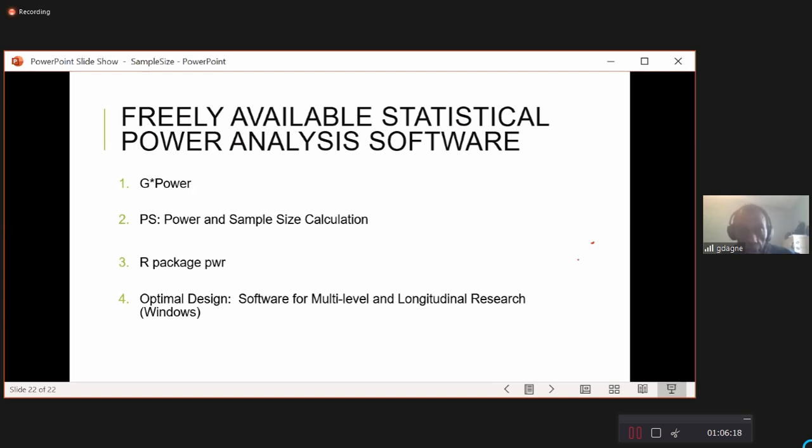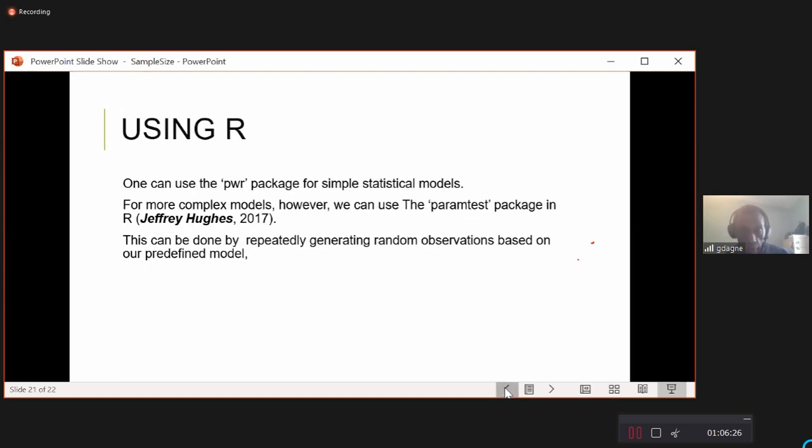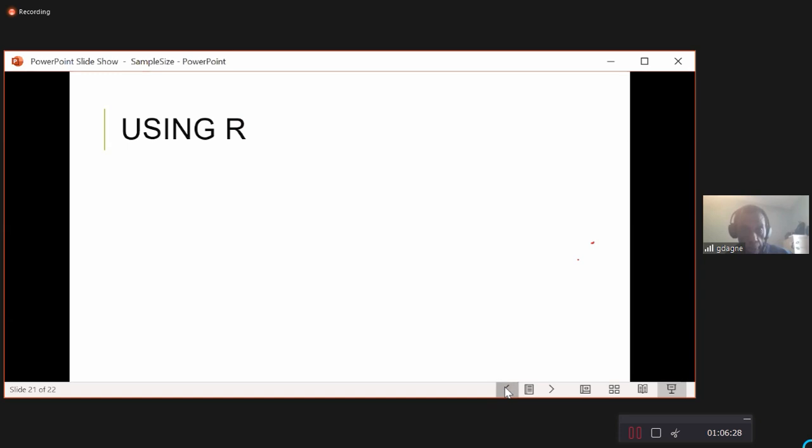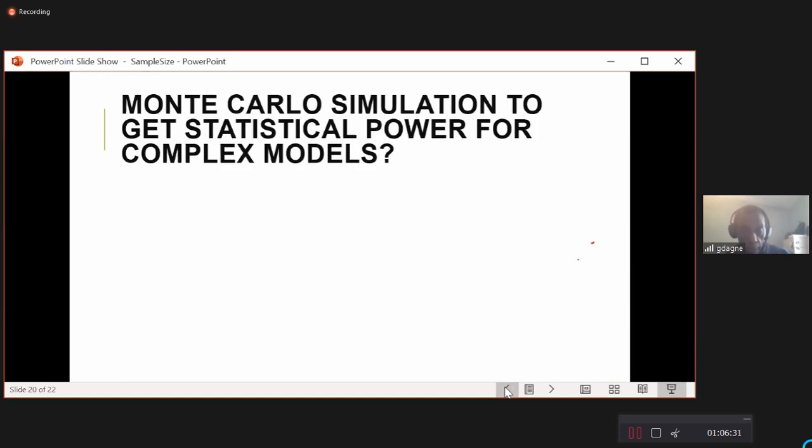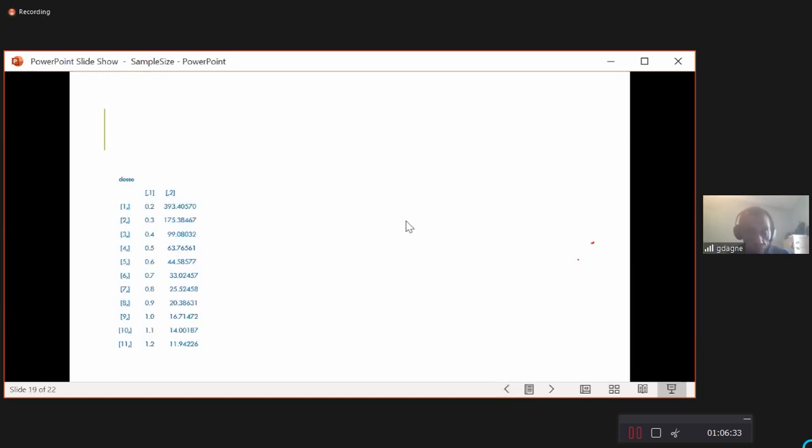If you look at the slide that I showed you earlier, let me see if I'm able to bring it here. As you can see, when the effect size is very small, like 0.2, you need around 394. You see that? Because you need a lot of information to detect it.